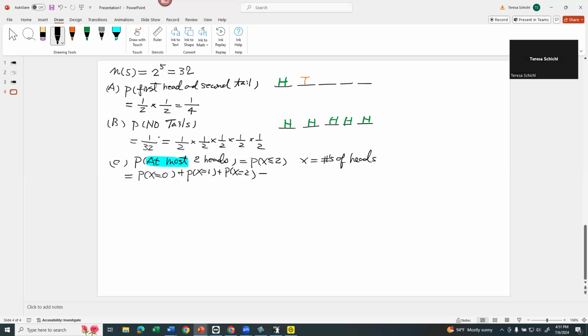So probability X equal to 0, like we talked about, no head is all tails, so it's 1/32. Now for X equal to 1, 1 of them can be head. I can have the head here and then the remaining are tails, or the head can be in any position here.